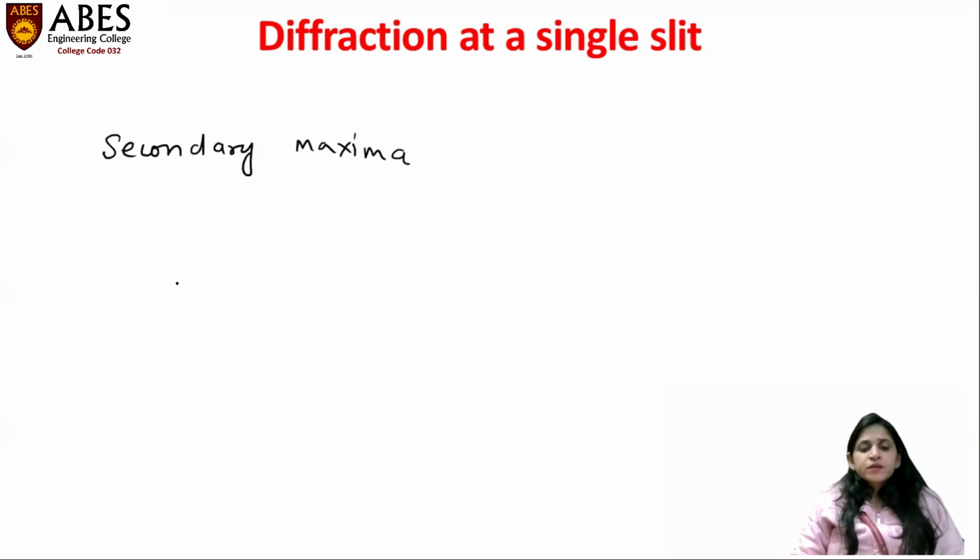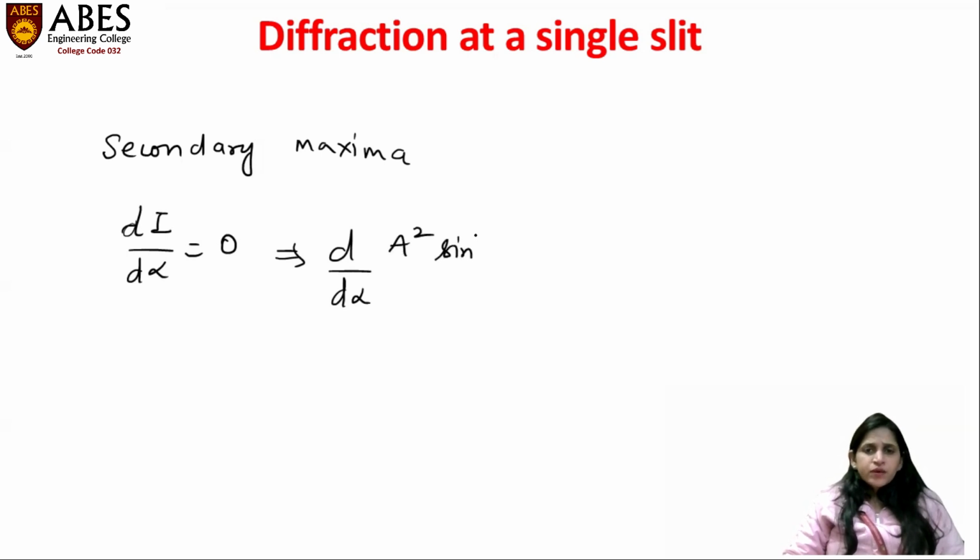In order to locate the position of secondary maxima, we apply a mathematical procedure. We differentiate intensity with respect to alpha and equate it to 0. What is it? dI by d alpha is equal to 0. So what is d by d alpha of I0 sine square alpha over alpha square?